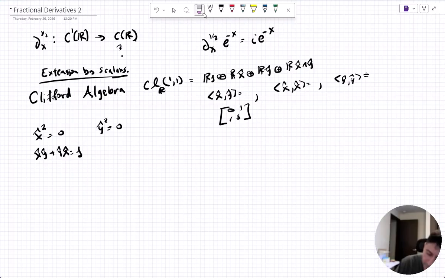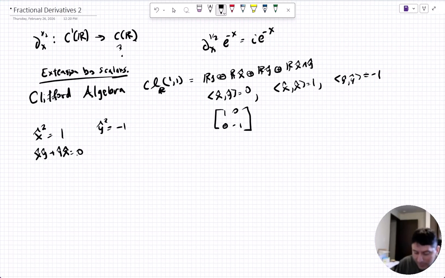The metric should be 1, 0, minus 1. So xy equals 0, xx equals 1, yy equals minus 1. So this should be 1 and this should be minus 1, and xy plus yx should be 0.